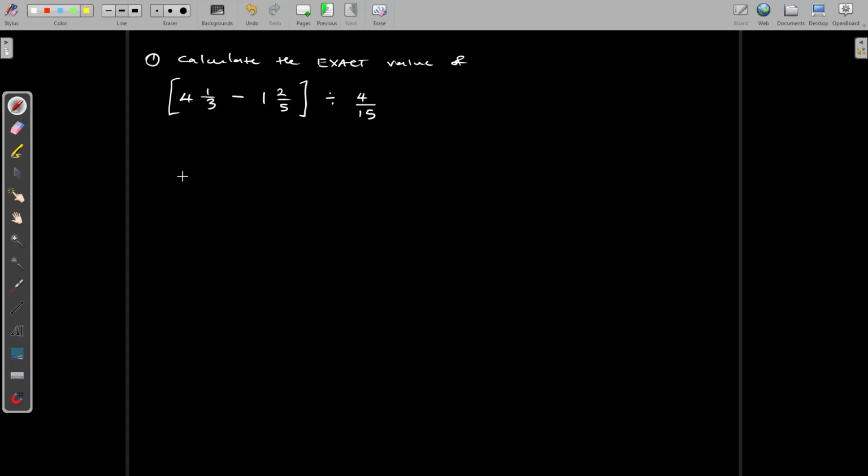So first I worked out the equation in the bracket. So I converted the 4 and 1 over 3 into an improper fraction, which is 13 over 3, and the 1 and 2 over 5, which would give me 7 over 5. And then I found the LCM of 3 and 5, which is 15.